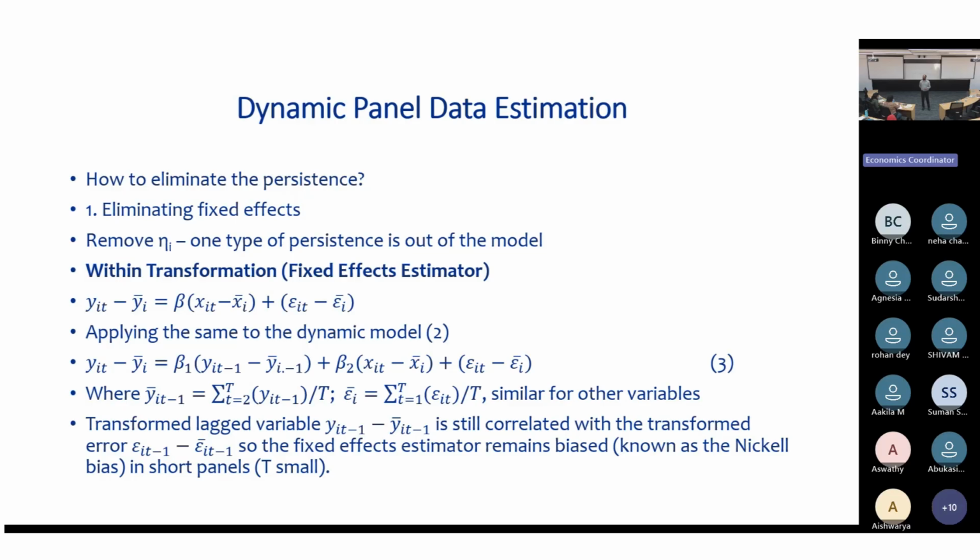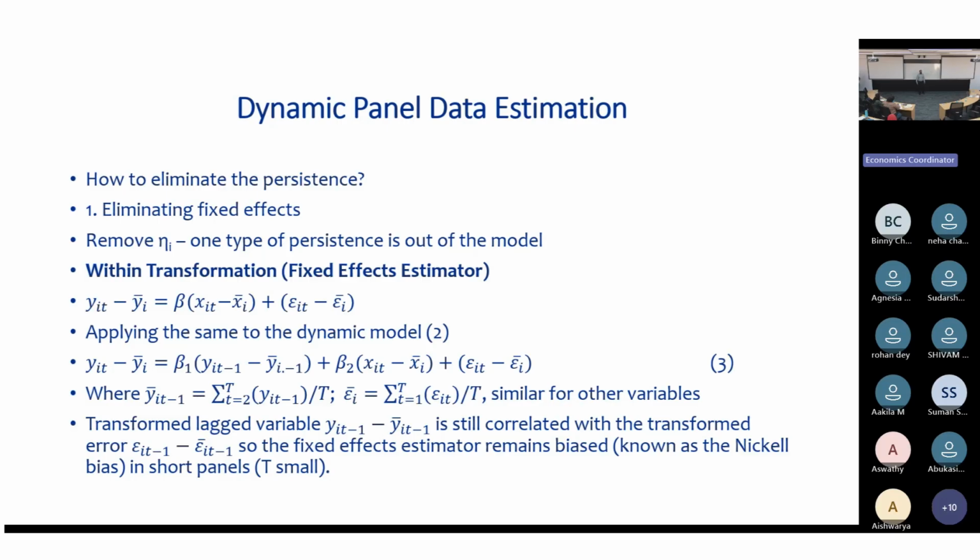That part is okay. Is there any doubt till now? Eta i minus eta i is 0. So remember that this is a one-way error component model, okay?